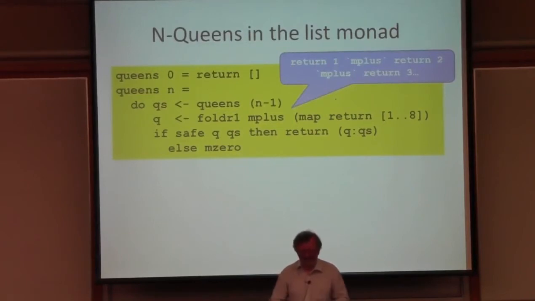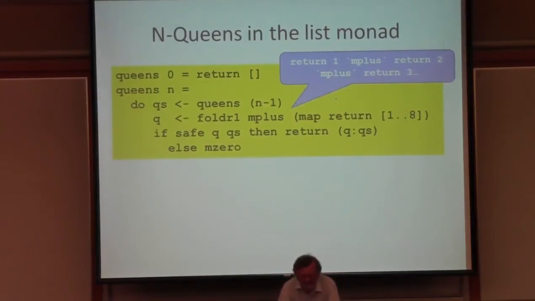And then finally, let me just say that if my safety predicate, which I won't show you the code of, says it's safe to put q there, then I can return q cons q's as the solution. Otherwise, I have to fail. So I use m0 for that. And if I fail, then that will cause me to backtrack and try different values for q and q's.